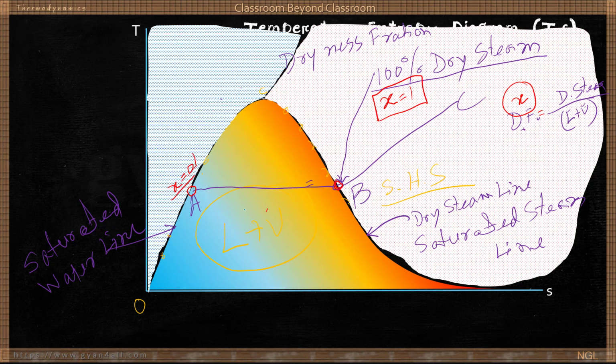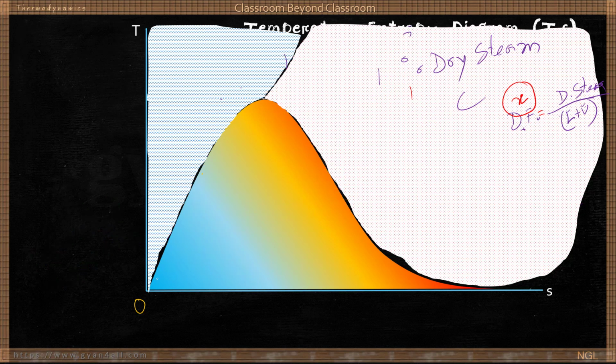And in between A and B, the value of x is greater than or equal to 0 and smaller than or equal to 1. When it is 1, the steam is 100% dry, and when it is less than 1, then the steam is wet steam.